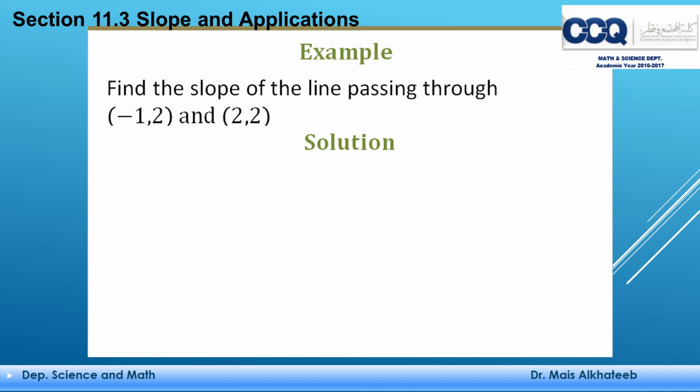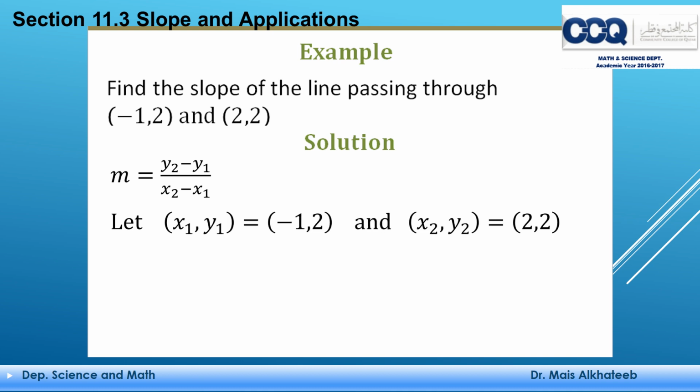Find the slope of the line passing through minus 1, 2 and 2, 2. I will call minus 1, 2 x1 y1 and 2, 2 x2 y2. The formula we have memorized is y2 minus y1 over x2 minus x1, with y always on top.